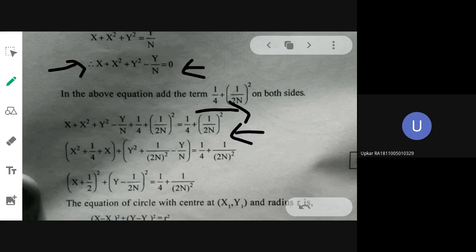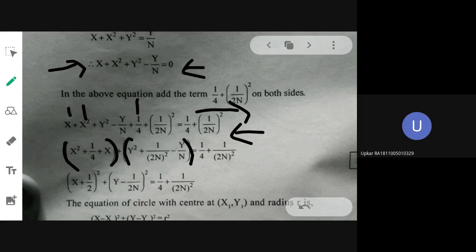So the rewritten equation will become like this. Now again grouping should be done. The x terms they have grouped together as a single group, and the remaining terms they have grouped separately.